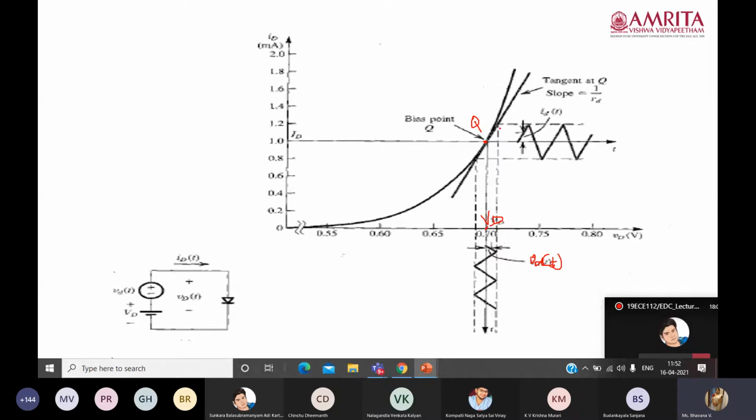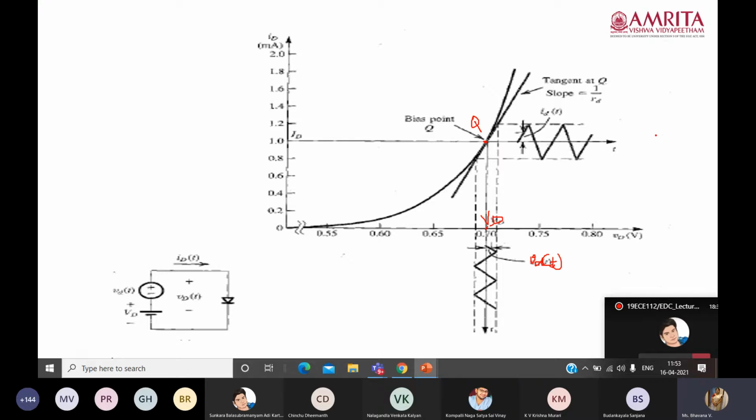Here you can do a rough sketch. Take equal divisions approximately and draw the corresponding output current waveform. The slope of this tangent will give you 1 by rd, the conductance, where small rd is the small signal resistance, or diode incremental resistance, or dynamic resistance, or AC resistance.